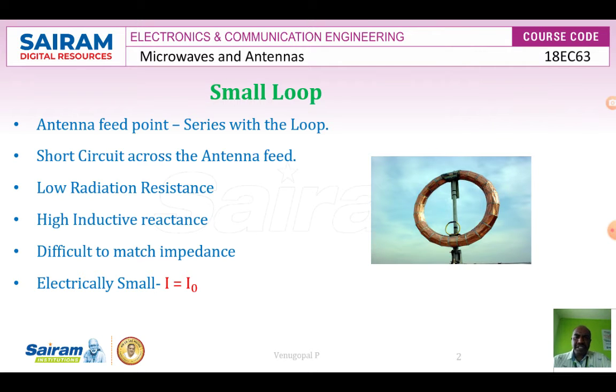So because of this, the current within the loop can be approximated to be constant along the loop, that is, current flowing I is equal to I naught.